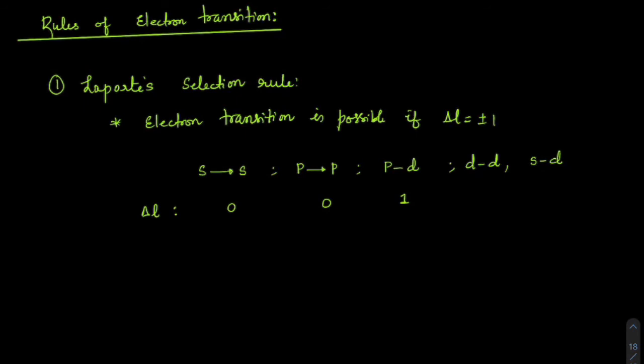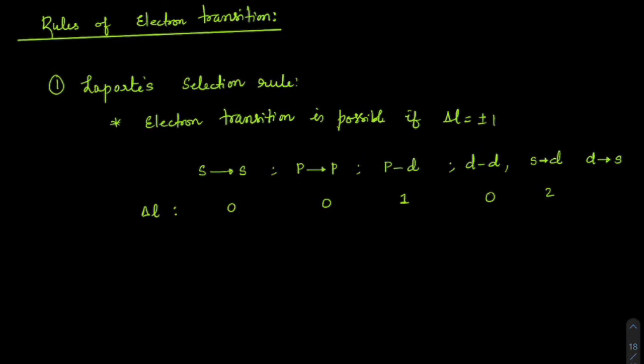And for DD transition it is 0, and S to D is 2. S to D or D to S, which one? The value for D is 2, minus 2, right? Correct. It won't happen.